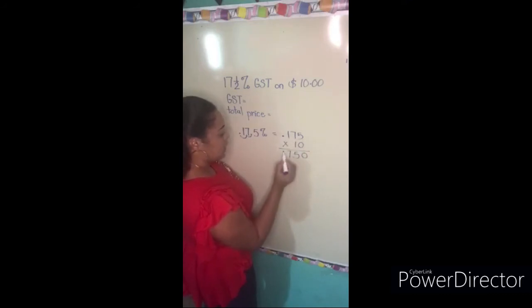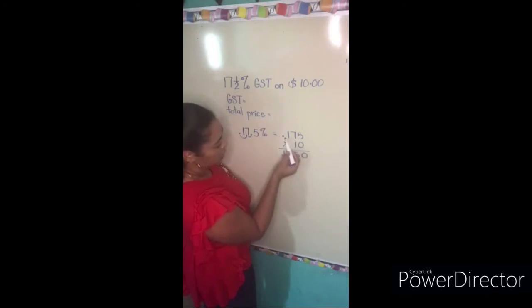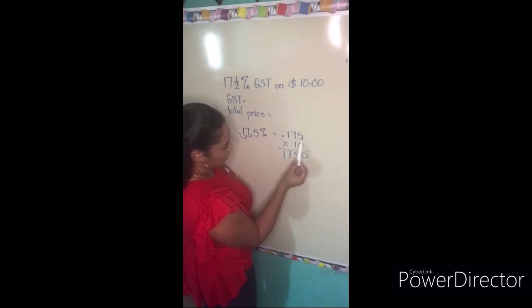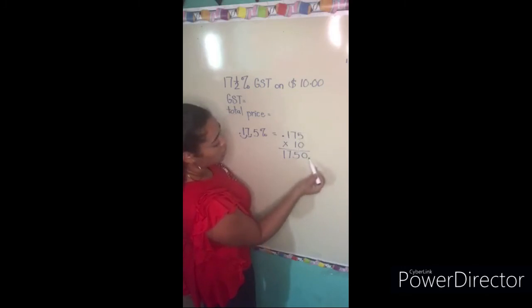And 1 times 1, 1. And how many decimal spaces do we have? Look at it. 1, 2, 3. So we need to go 3 spaces here. 1, 2, 3. See?